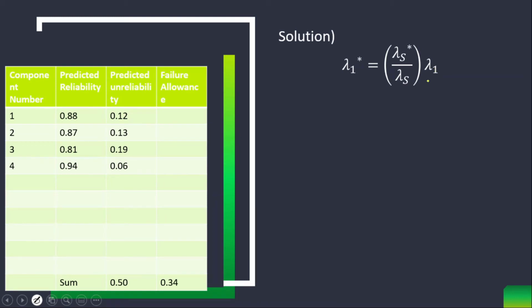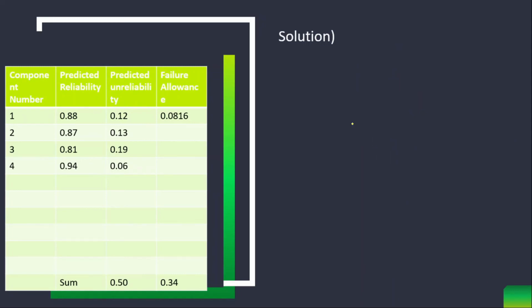Lambda 1 is the predicted unreliability of the first component. So we have 0.34 divided by 0.5 into 0.12. This is equal to 0.0816. So the failure allowance of the first component is 0.0816.